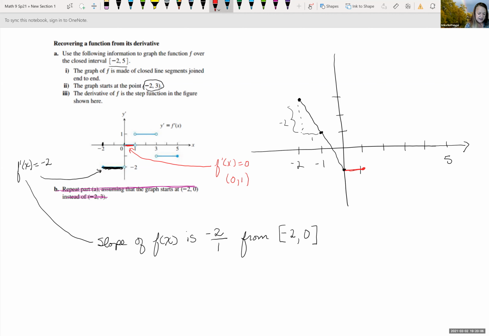And then looking at the next piece, which is up here. For my x values between 1 and 3, my derivative function, f prime of x, is a constant. It's equal to 1, for my x values from 1 to 3.